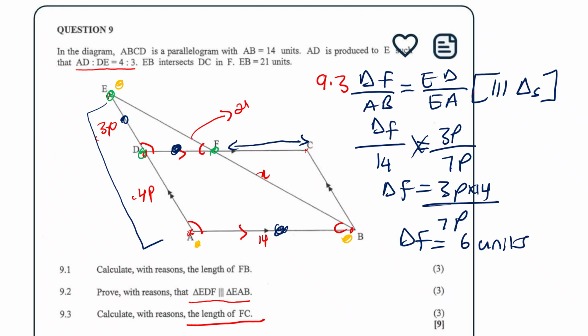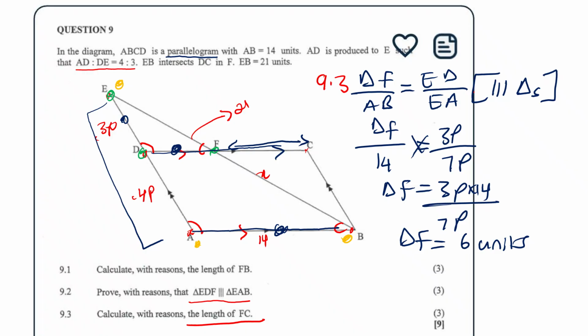But now we want to find the length of FC. AB is the same as DC, so they are equal because this is a parallelogram. You have to know the properties of a parallelogram: the two opposite sides are equal.